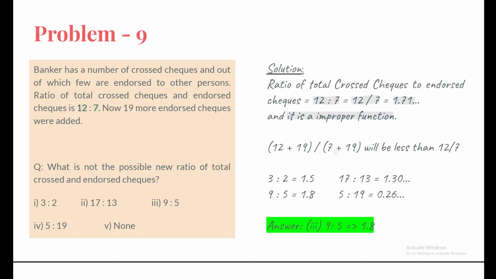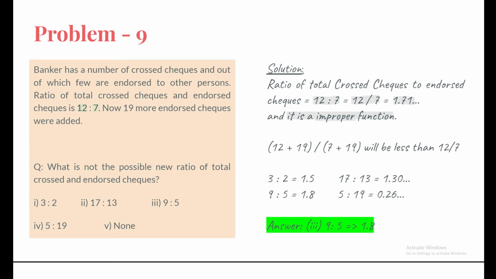So we're looking for the new ratio that is the result of adding 19 in both the entities. So adding the same number in the numerator and denominator of an improper fraction will give a value lesser than the initial ratio, as a property of improper fractions. Correct.